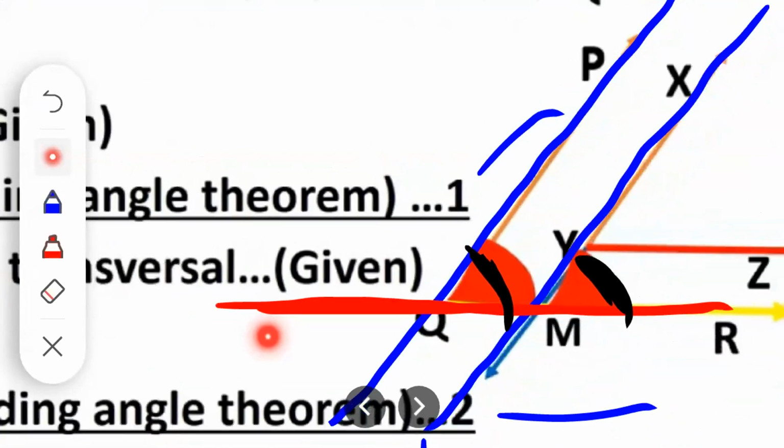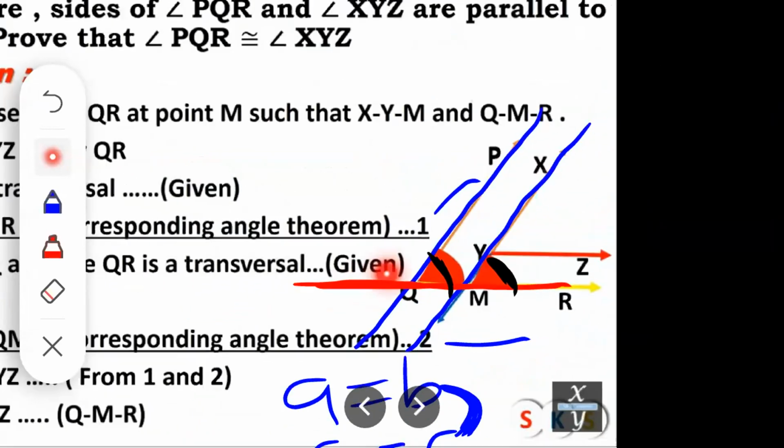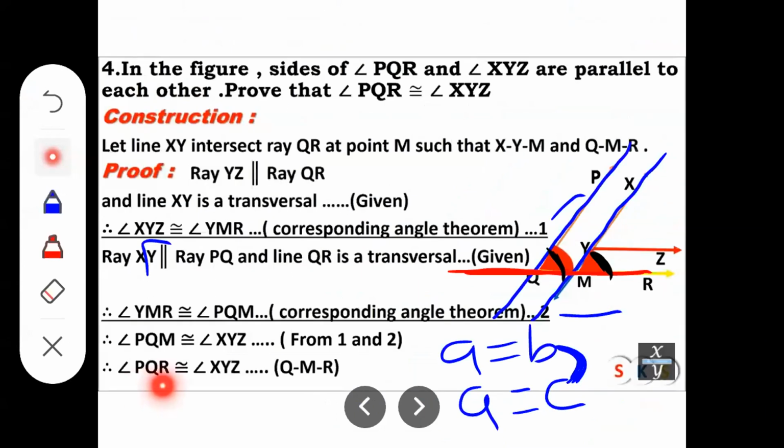So for angle PQM, we can also write angle PQR, and we have to prove here that angle PQR is congruent to angle XYZ. And the reason you have to write here is that these points are collinear points.